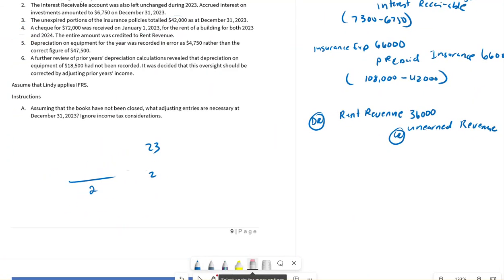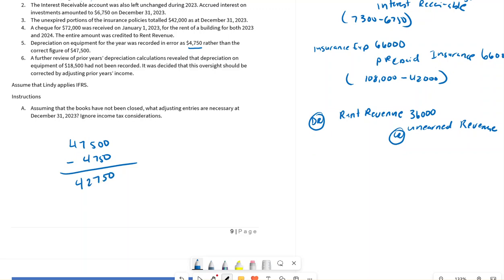They said depreciation on equipment for the year was recorded as 4,750 rather than 47,500. So there is a difference between 47,500 minus what we recorded. We just omitted a 0, so the difference between the both will be 42,750.